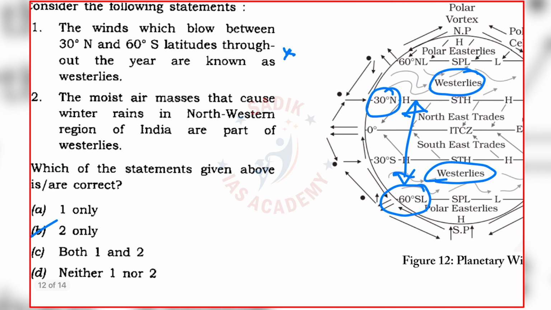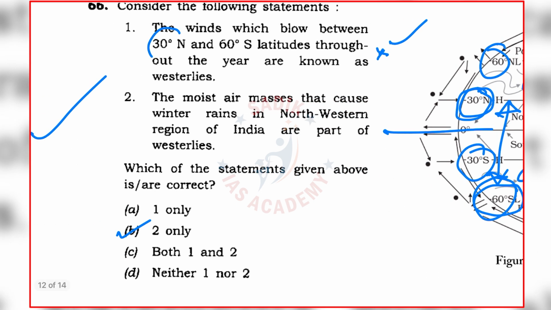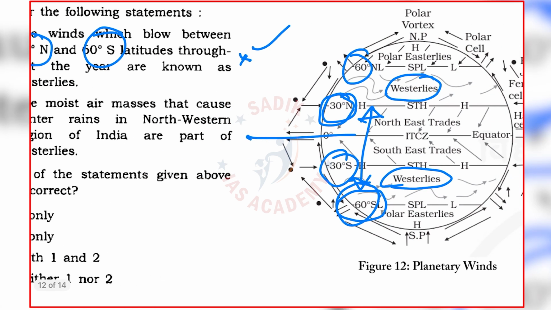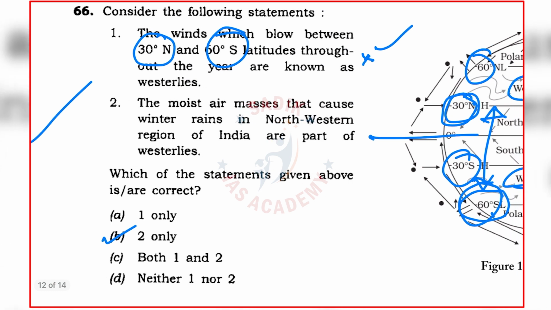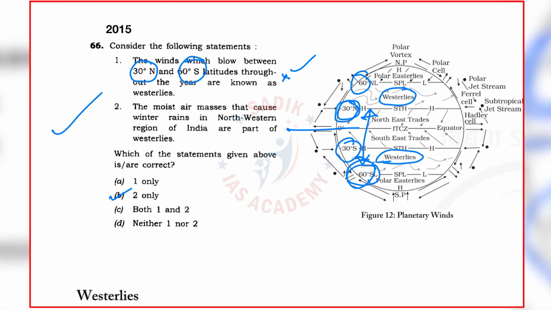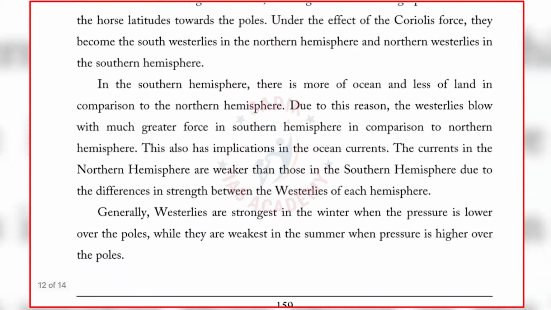It looks like the question is correct, but 30 degree north to 60 degree north would make the statement correct, or 30 degree south to 60 degree south would also be correct. But they have given 30 degree north, 60 degree south, so this is not westerlies. It has some other winds, trade winds also. Everything we have explained using the diagram also. Okay, you can go through that.